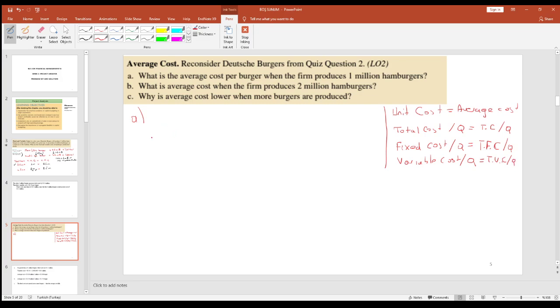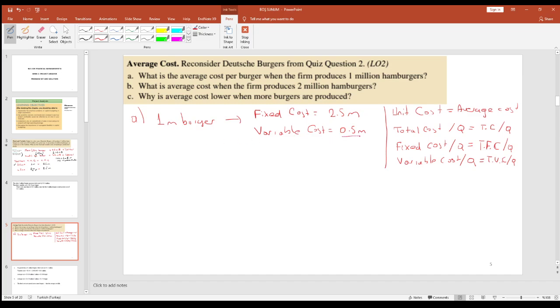So in case of 1 million burger production, remember fixed cost was 2.5 million, variable cost for 1 million production, we have $500,000 total variable cost.